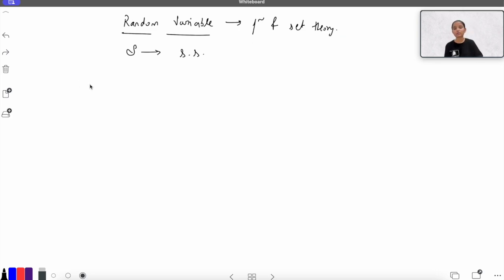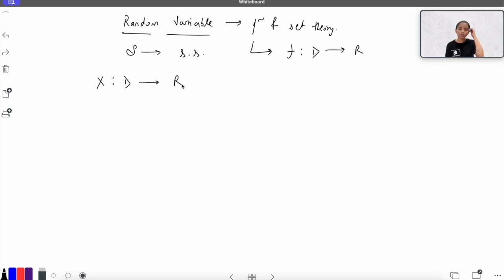Talking about the random variable, just like in functions, what do we do? We say that I am defining a function f which is defined on some domain to some range, right? Similarly, we are doing this in the random variable. We are saying that I am having some random variable X which is defined on some domain to some range.